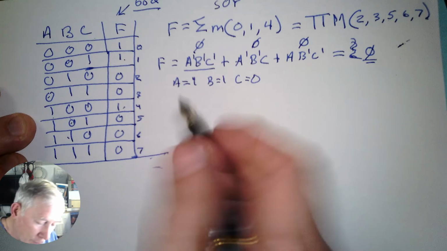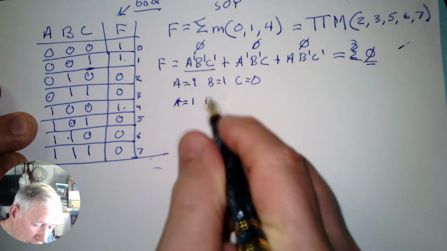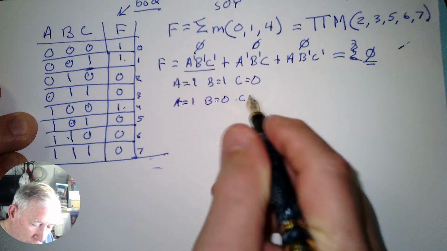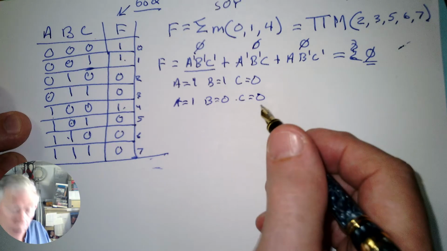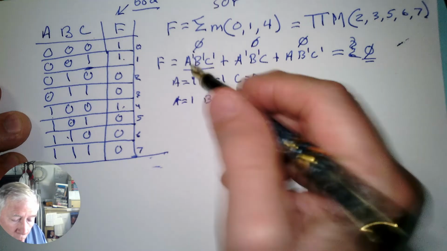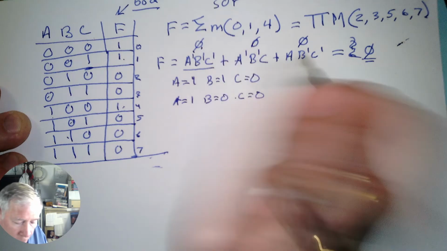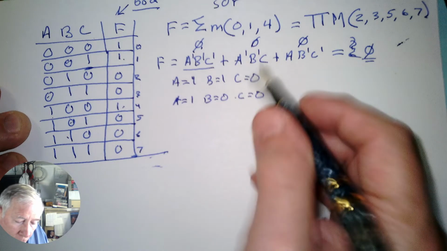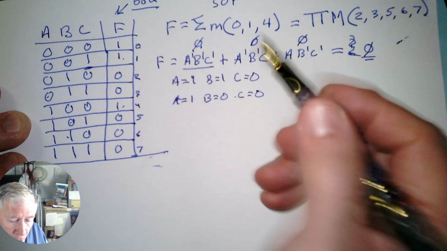Now let's do row 4, where the correct answer is a 1. That's going to be A equals 1, B equals 0, and C equals 0. It's a different row, a different combination of our variables. Let's put A in here. A is 1, A prime would be 0, so that's going to be 0. Same thing for the next term: A is 1, A prime is 0, so that's 0.